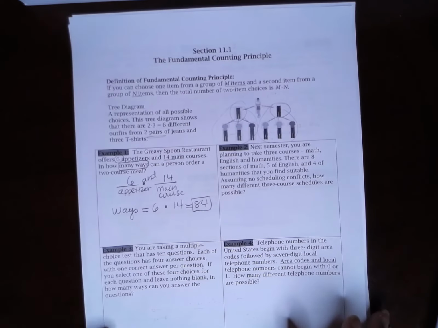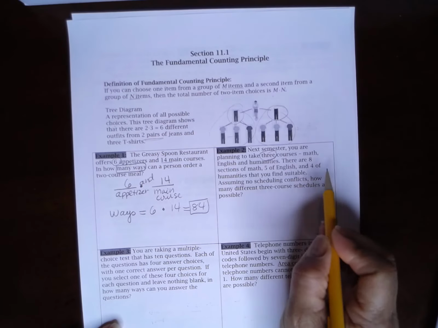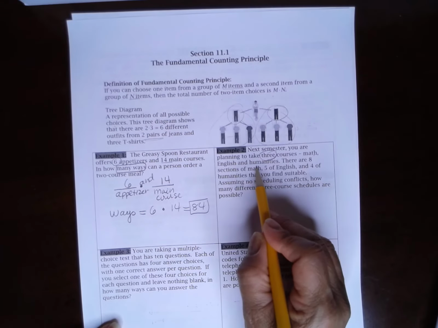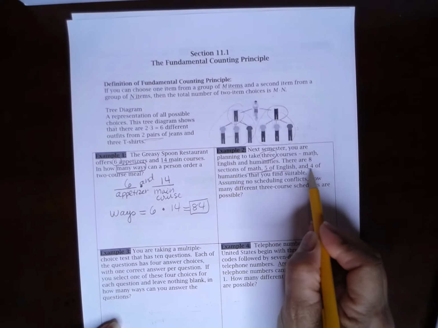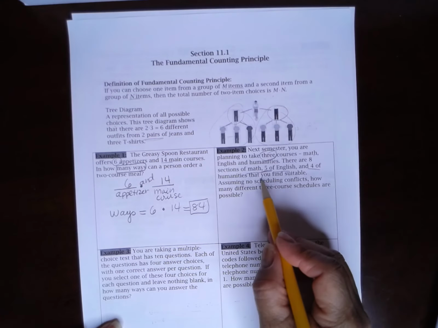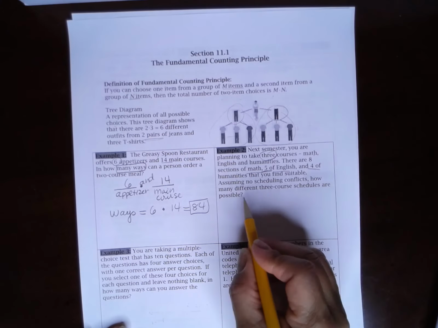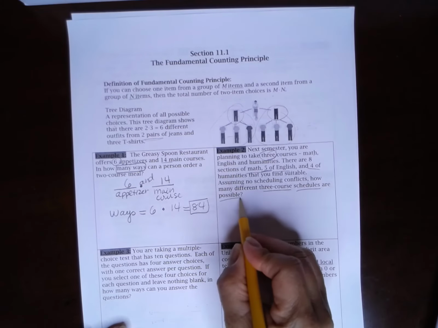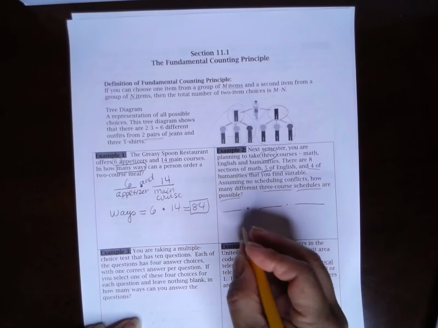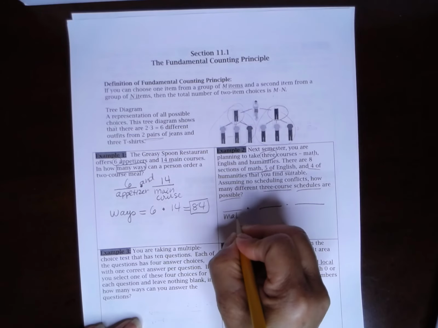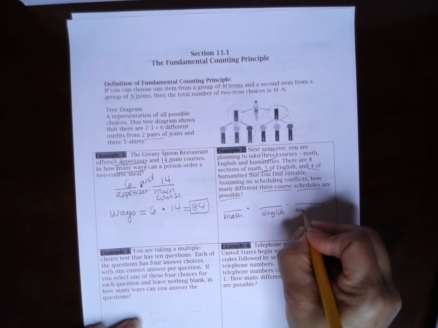Lots of choices. Example 2. Next semester, you're planning to take 3 courses: Math, English, and Humanities. There are 8 sections of Math, 5 sections of English, and 4 sections of Humanities that you find suitable. Assuming no schedule conflicts, how many different 3-course schedules are possible? So you're choosing 3 courses: Math, English, and Humanities.